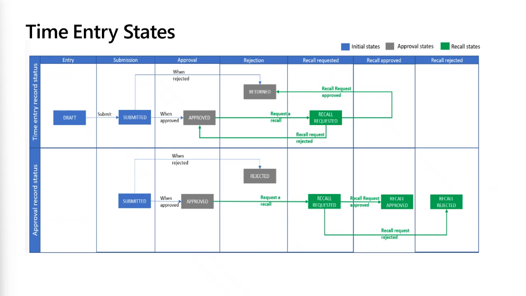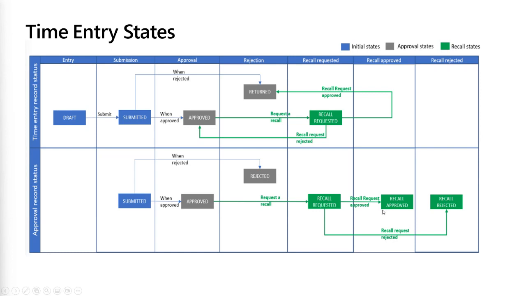Behind the scenes, when these different processes are taking place, we also track the approval record status, and there is a little bit of difference in statuses between the time entry record status and the approval record status. The difference is basically the recall status.